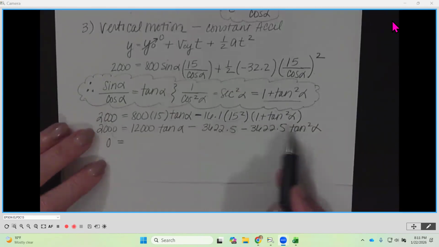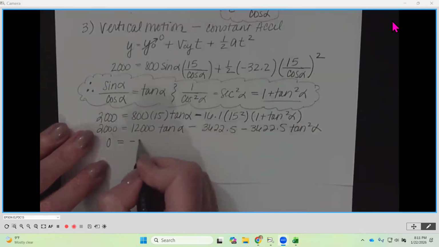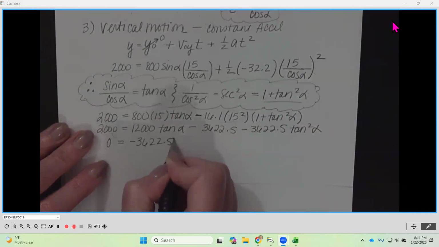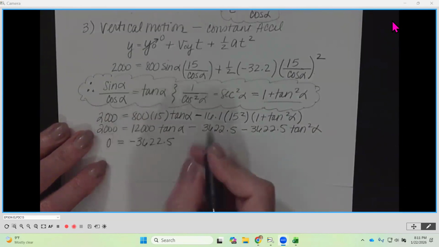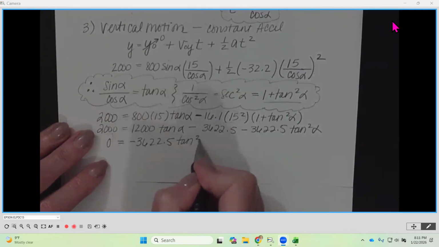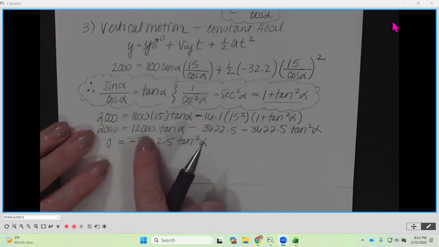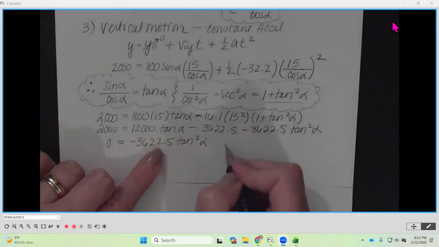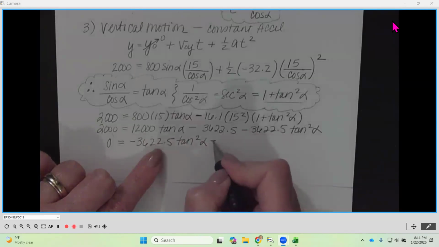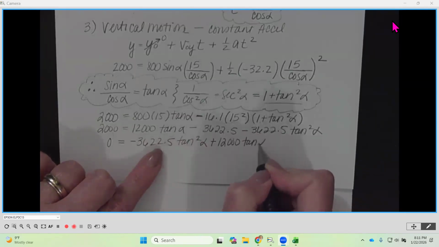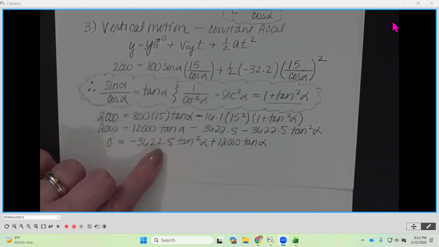So I'm going to take this tan squared alpha and bring it to the front. This is going to remain negative 3622.5 tan squared alpha. So that's my first one. My second one is my 12,000, so that's going to be plus 12,000 tan theta.